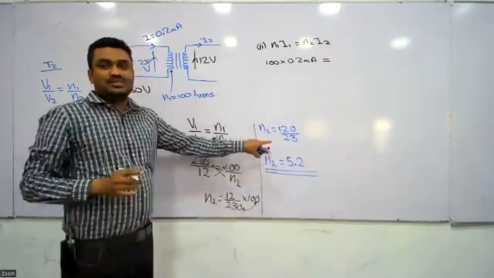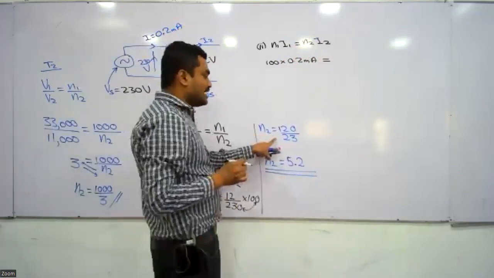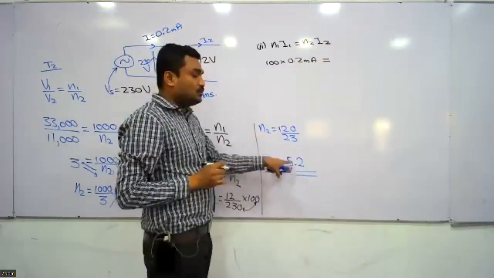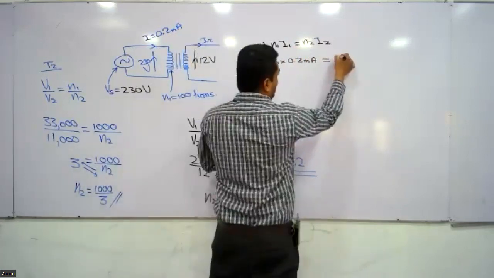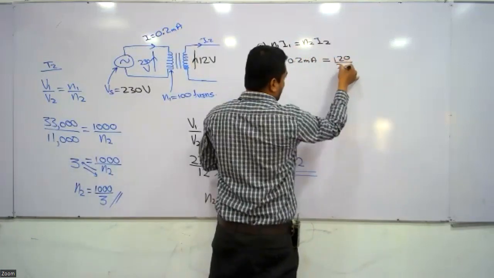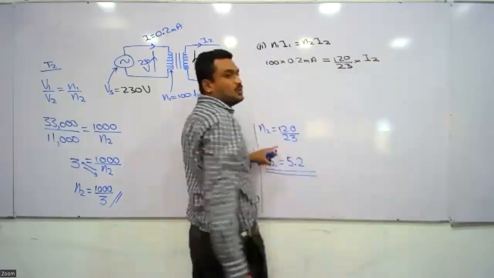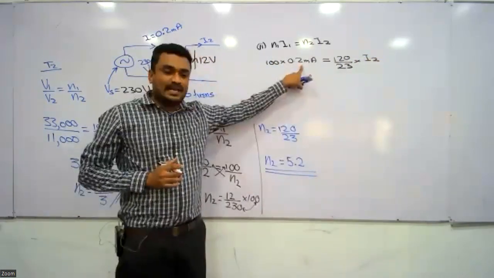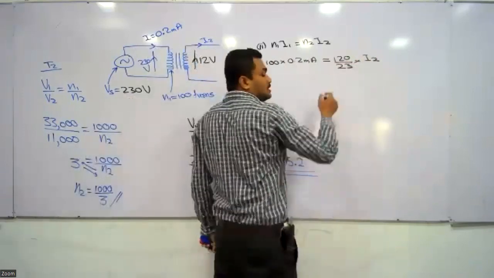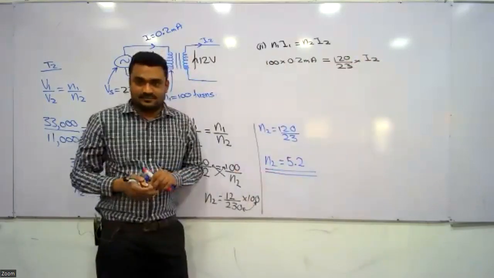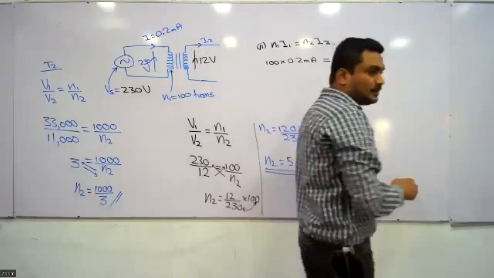For N2 we should use the fraction, because this is not exactly 5.2. So let's use 120 divided by 23 into I2. As I1 is in milliampere, I2 will also be in milliampere. Find I2 here.